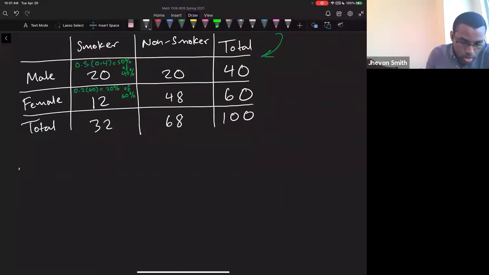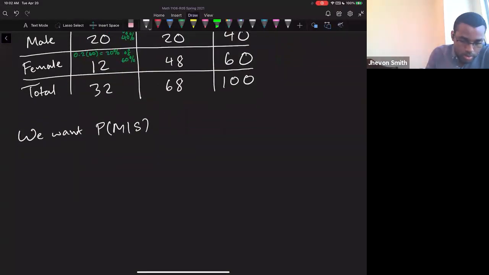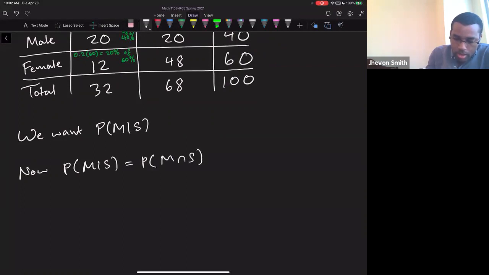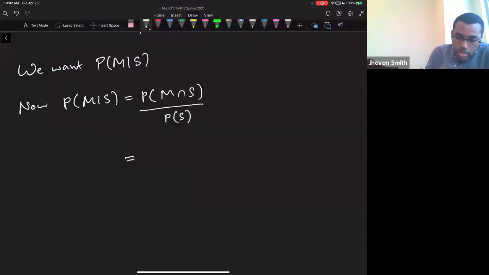I can go to what we want. Well, given that we took a smoker, what is the probability that they're male? Now, the probability of male given smoker is going to be the probability of male and smoker over the probability of smoker, right? Or you can think of this as the size of M and S over the size of S. So this is going to be what?